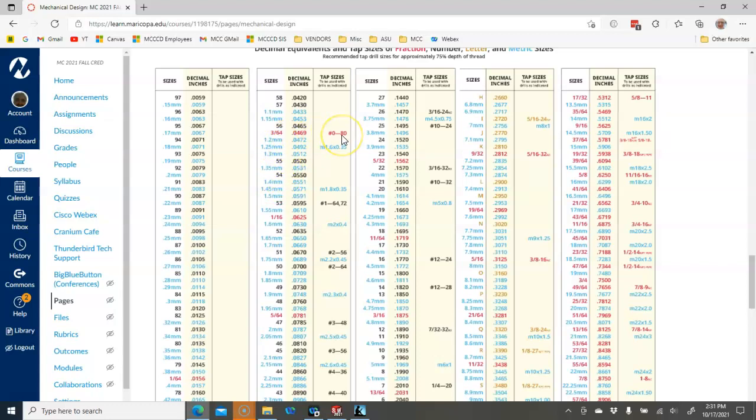So when we're looking for a thread, we would go to this chart and I would look at the odd 80. The number next to it is going to be the tap. And it doesn't really give me the major diameter, but for most cases, I need to know what size hole to drill to be able to tap that, put that tap in there safely without breaking it.